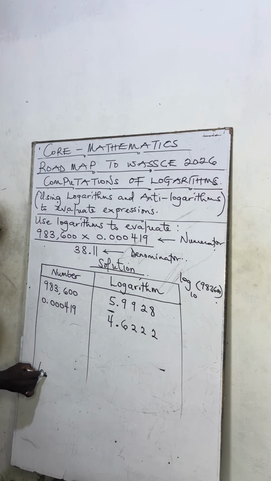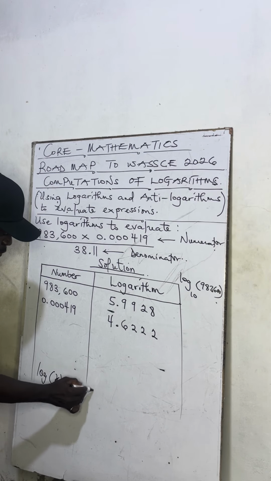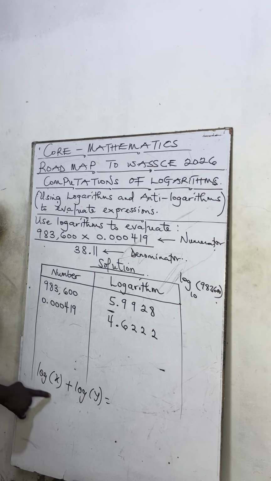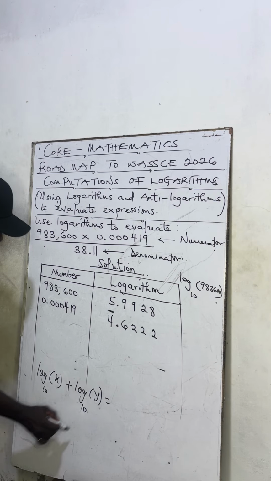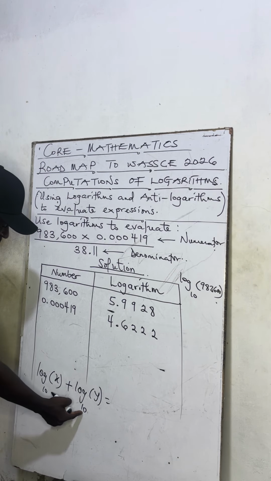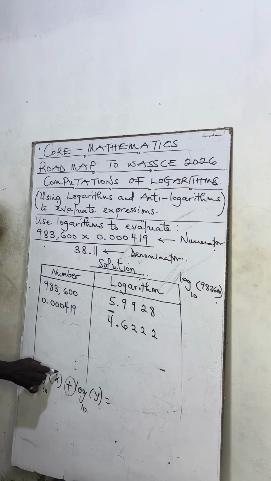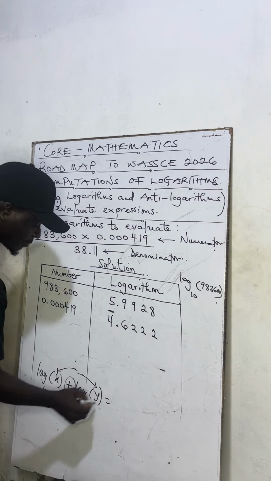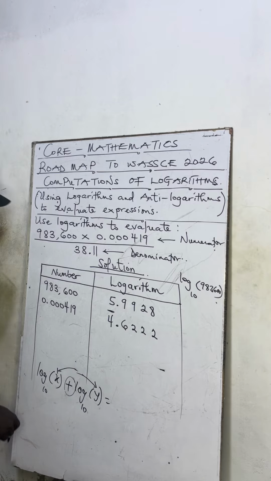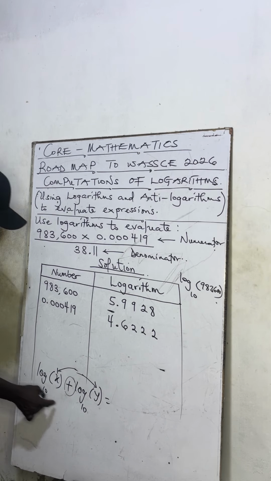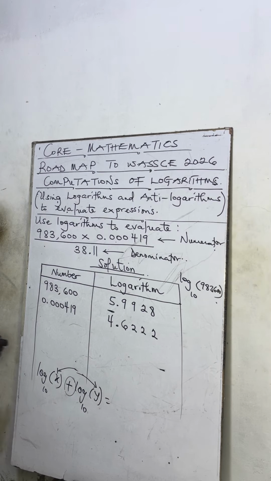It states log x plus log y, if you don't write the base, it is base 10. If they have the same base and they are adding, we multiply the argument. So we have log of x base 10 plus log of y base 10.